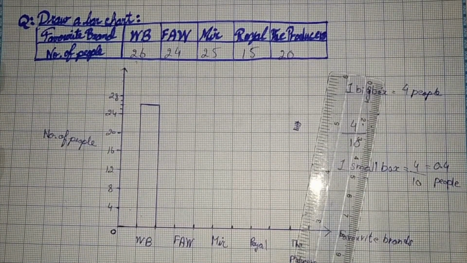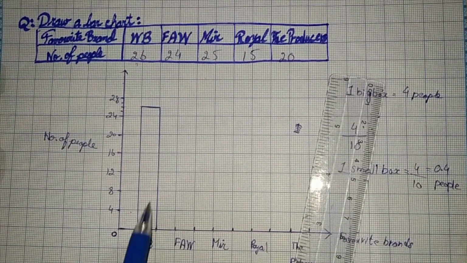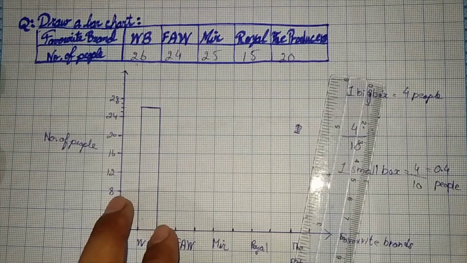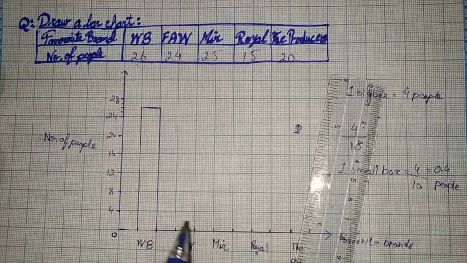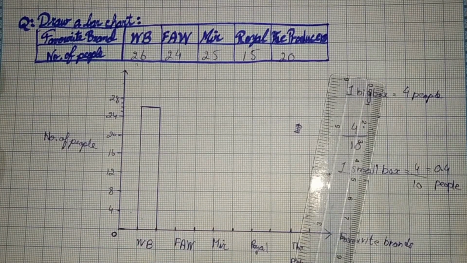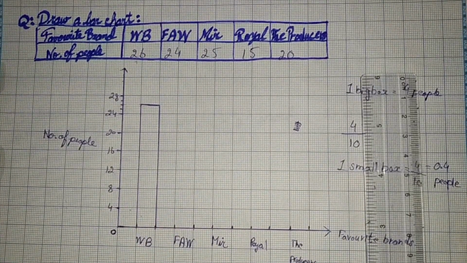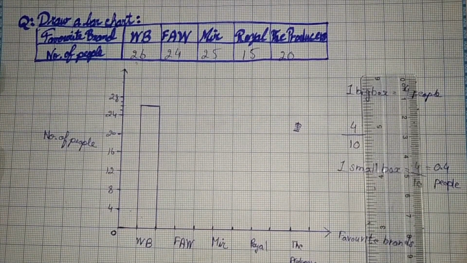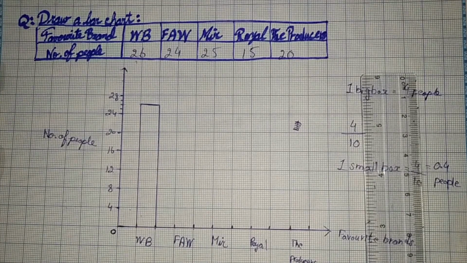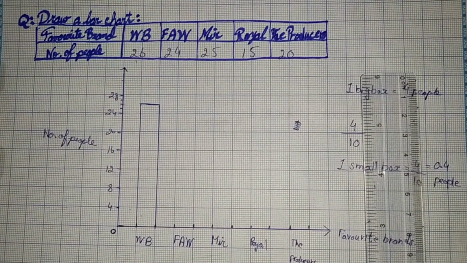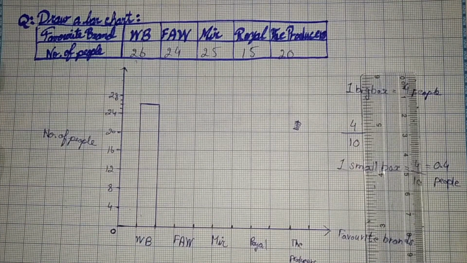And you can see here the thickness of one big box is selected so that we can maintain our thickness throughout. It is important to maintain the thickness throughout, because if the thickness is changed, it will give us a lot of different meanings.